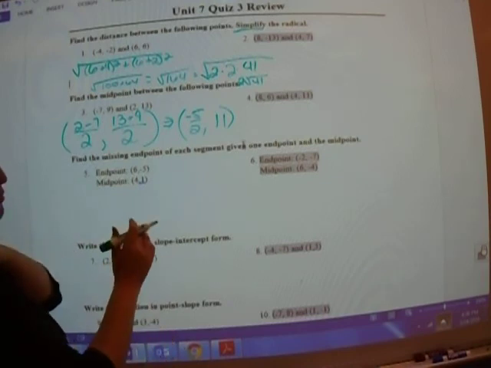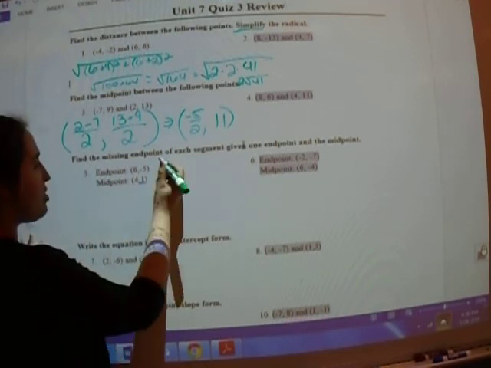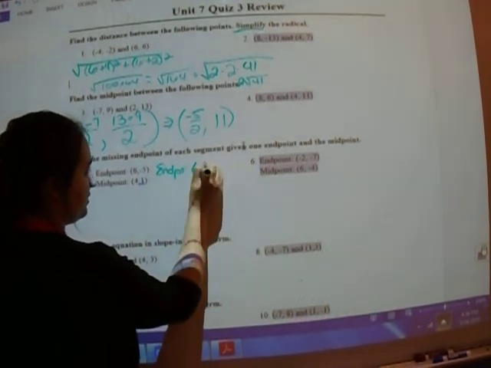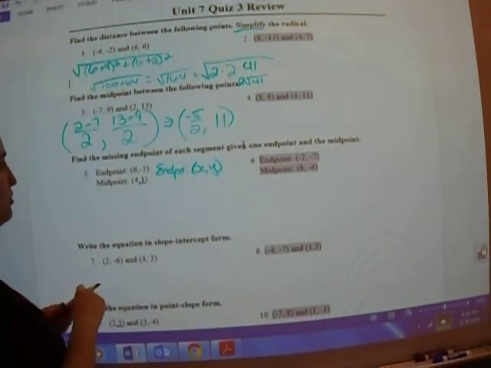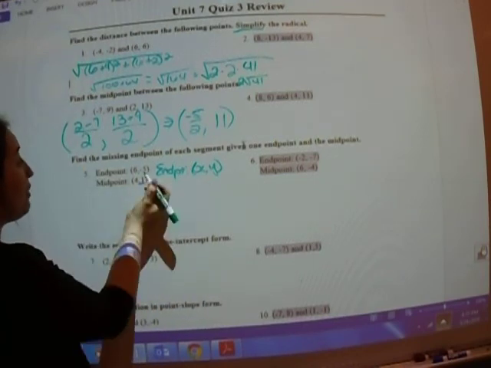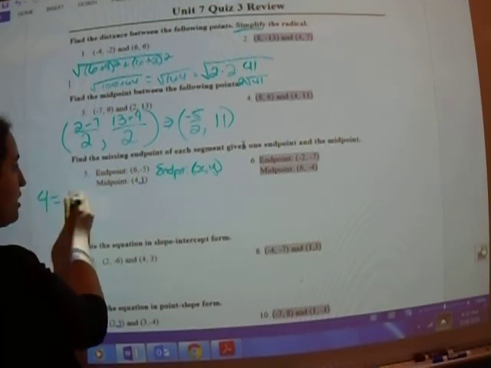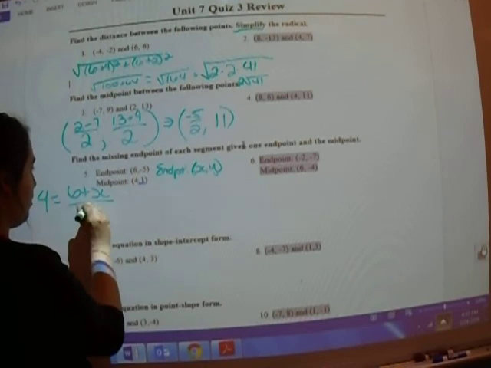Alright, find the missing endpoint of each segment. We have an endpoint and we have the midpoint. Let's make our other endpoint x, comma, y. So what we're going to do is set it up just like we would with the midpoint formula, but we already know the midpoint, right? To find our x value, we do 4 equals 6 plus x over 2.